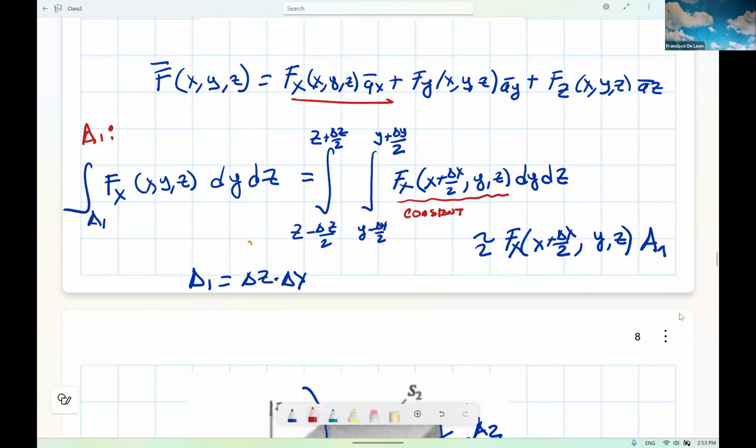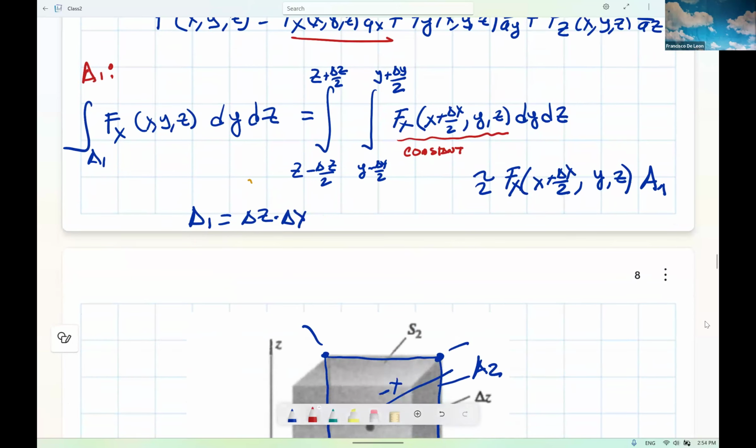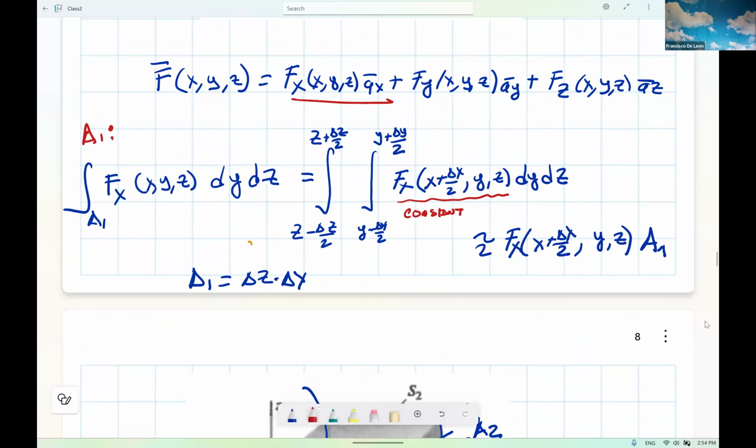Go down a little bit. So when you see that, you said that you cheat a little bit to make fx to be constant. Yes, but when it comes to a very small area, it's not cheating at all, but it's not mathematical.